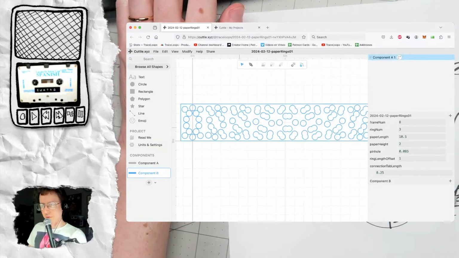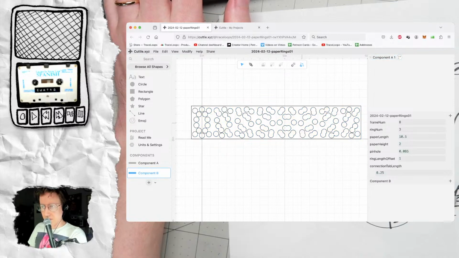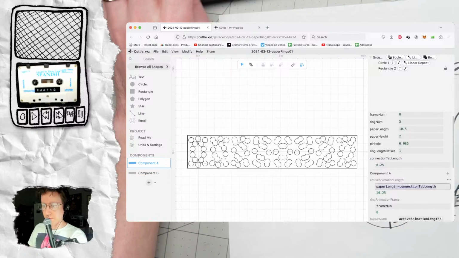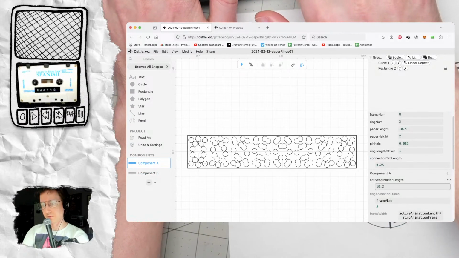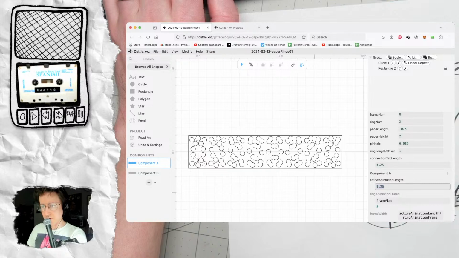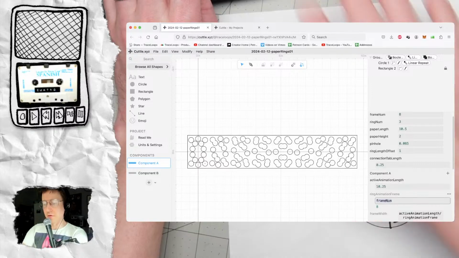I can do these one by one, but I'd rather have it be responsive. Let's come in here and make this 10.25. As that decreases, it's responsive. Okay. This is 8.